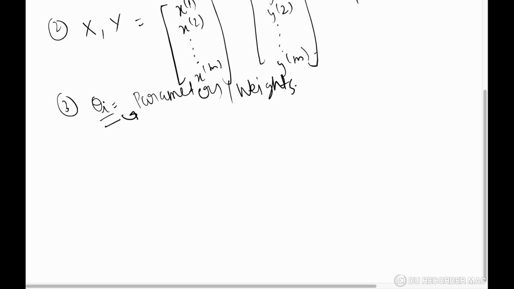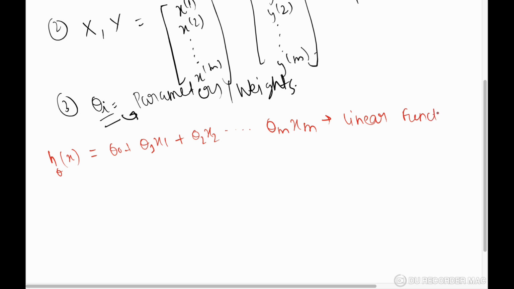So now let us define our linear function for which we need to find the parameters. h theta of x is equal to theta naught plus theta 1 x1 plus theta 2 x2 till theta m xm. This is our linear function that we need to find the parameters, the weights, for.